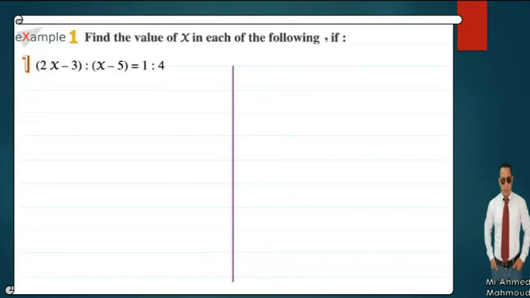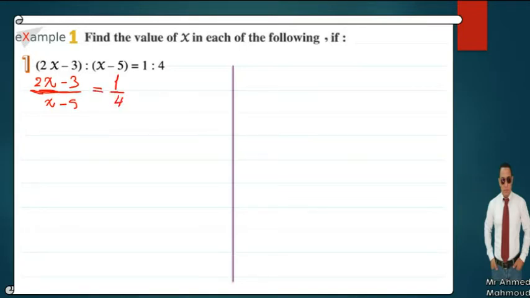Now I can't use this form of the ratio, so the first step is to change it into fractional form like this. I will draw a fraction, and up I will write 2x minus 3, down I'm going to write x minus 5, equal 1 over 4.